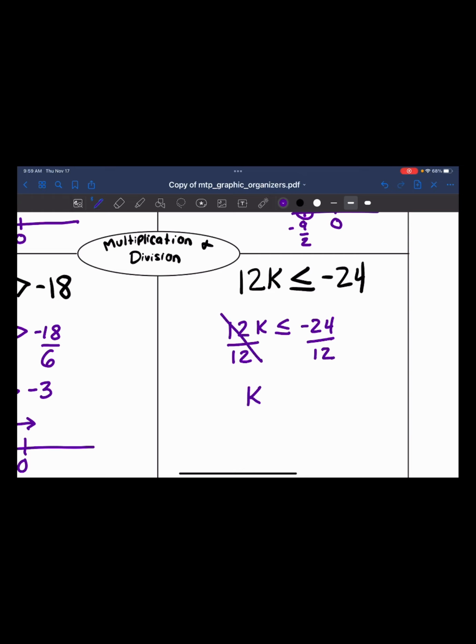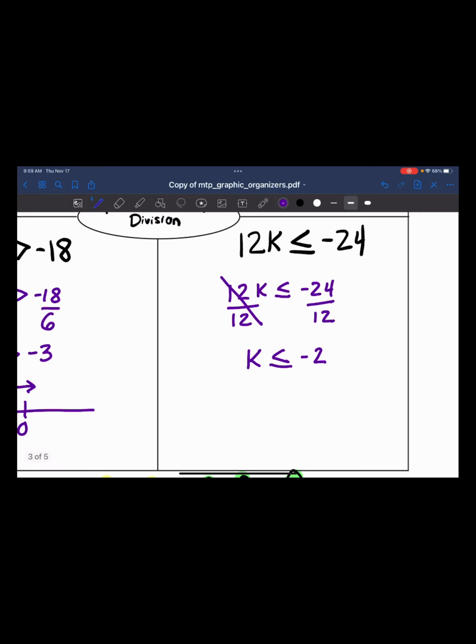That leaves me with k is less than or equal to negative 24 divided by 12, which is negative 2. And we're going to go ahead and graph that. This will be a closed circle because it's an or equal to, which means it could be negative 2. And then I'm going to read it from the variable. K is smaller, so that means it's going to be anything that way.